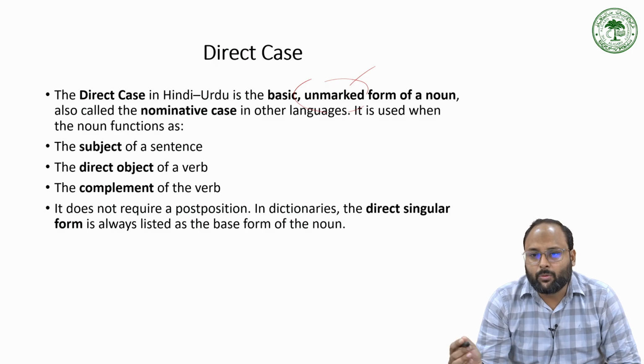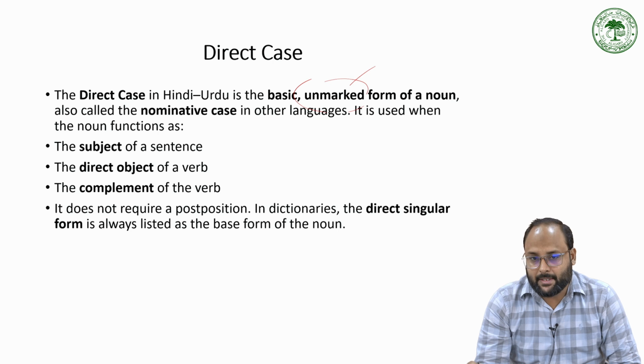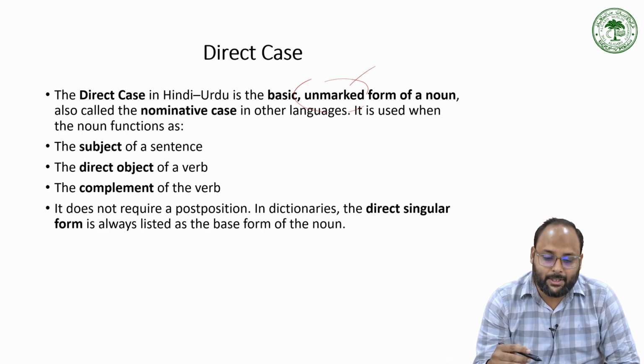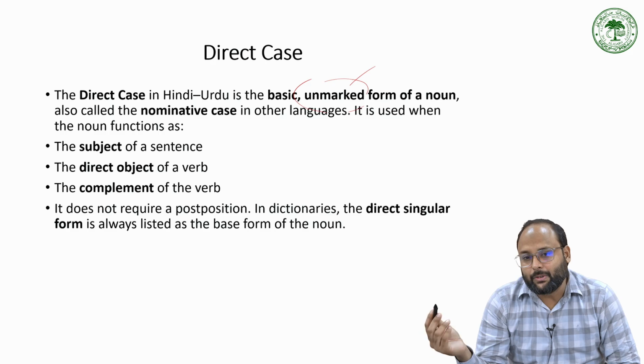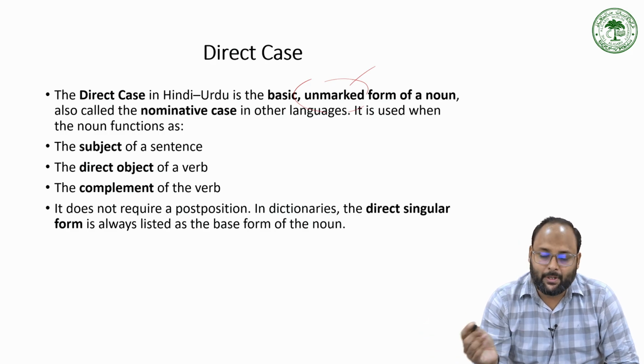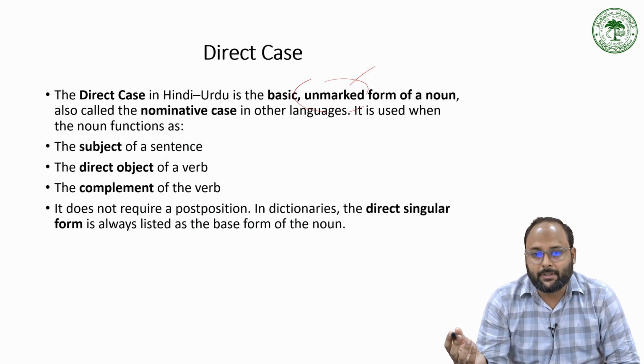So there is no ko, se, mein, ne in the direct case. We call it the nominative case when a direct case occurs at the subject position, and when it occurs at the object position, that is called the accusative case. But there are some scholars who believe that both are the nominative case or the direct case.